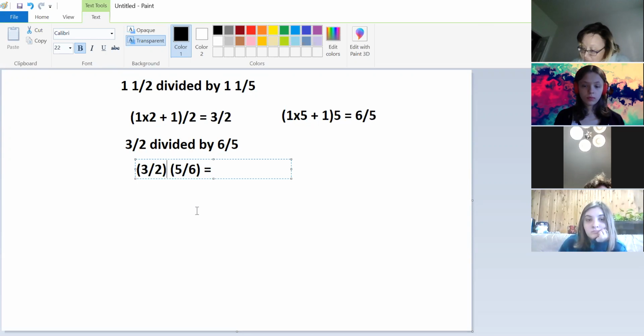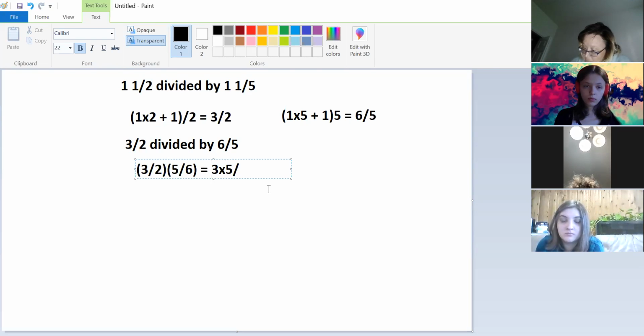Okay, and I just flipped the 6 over 5 to make it 5 over 6. Now I can go ahead and multiply. Multiply the numerators, so this becomes 3 times 5, and the denominators becomes 2 times 6, which is 12. This becomes 15 over 12.